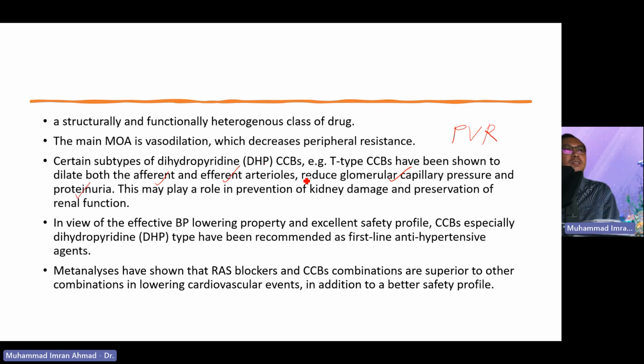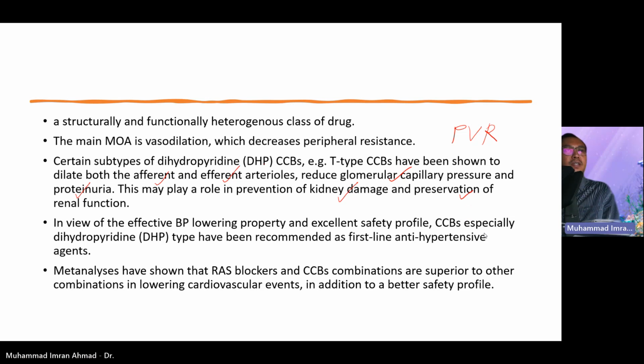These mechanisms might play a function in reducing or preventing damage of the kidney and also preserving the renal function.